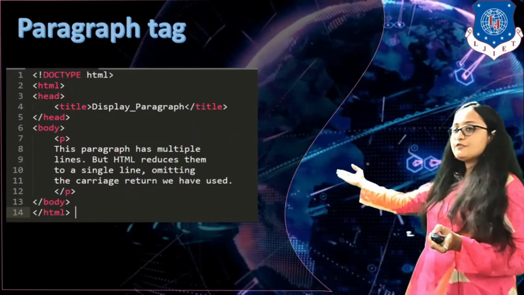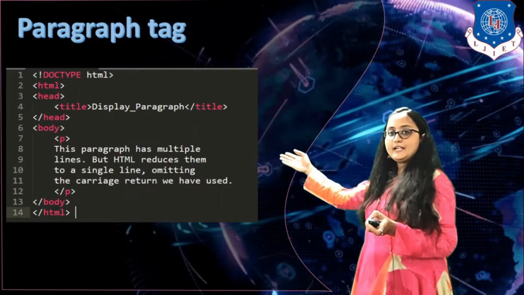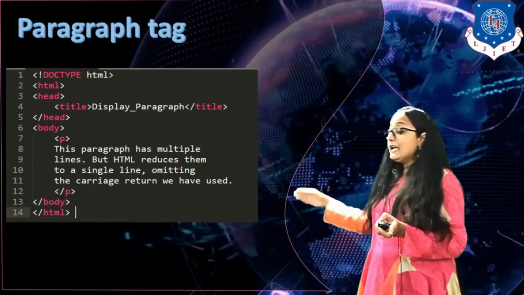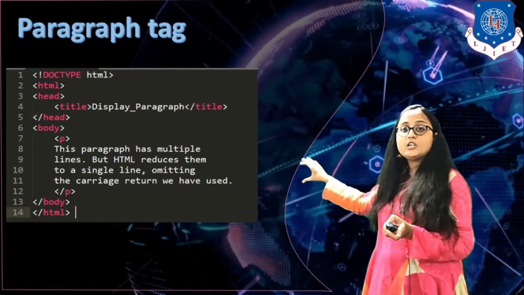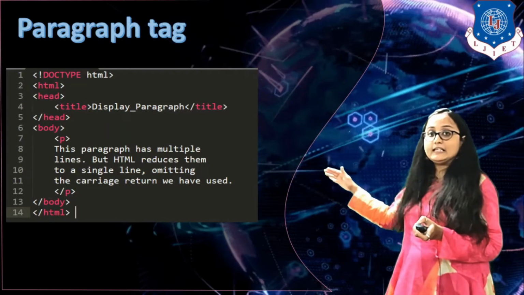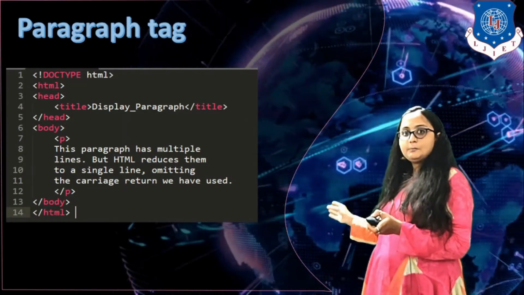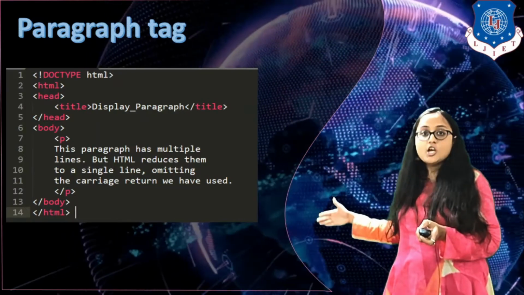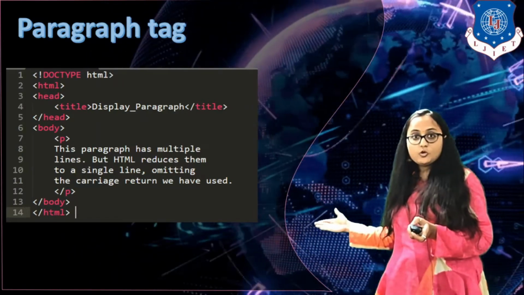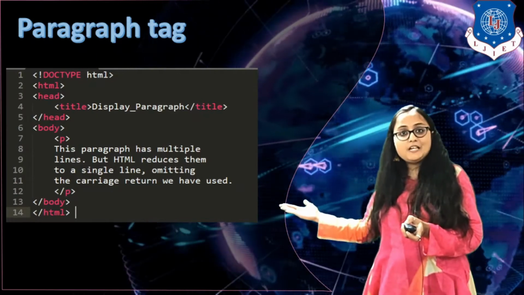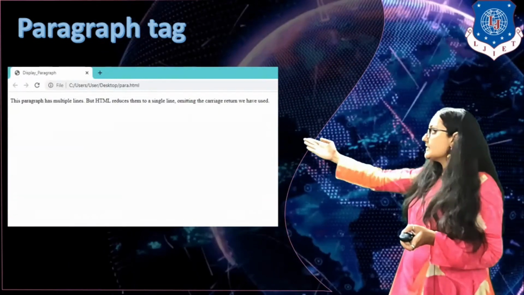So this is a piece of code. As you can see, I have a paragraph opening and closing tag, and in between I have written content using carriage return. It means I have pressed enter in some places and written multiple lines. How will it get displayed in a browser? This is how it will display.